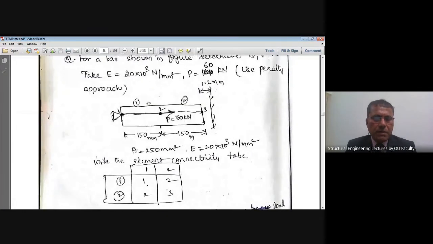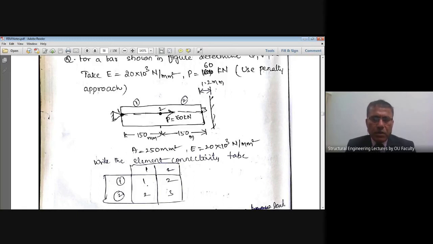The same extension will be carried through to node 3, because element 2 has no force. Whatever force there was is the tension force in element 1. Element 2 is not experiencing any force as of now, because it has a free space of 1.2. Therefore, node 3 will try to move by 1.8.